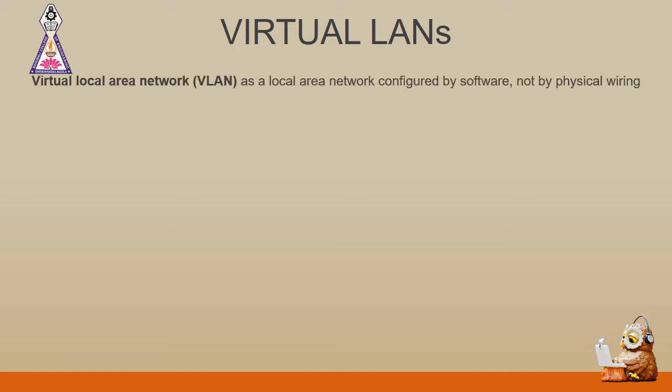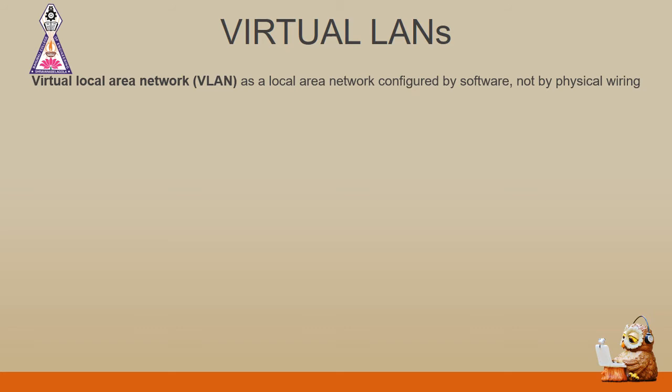So the next concept we'll be considering is the advanced version of the local area network. Consider a practical scenario in which a station is connected to a local area network, meaning physically the host is part of that local area network.